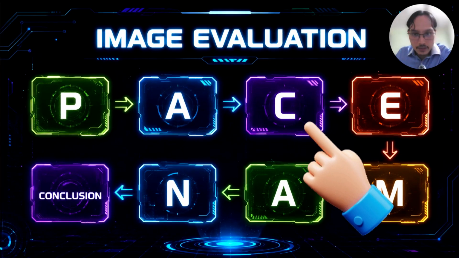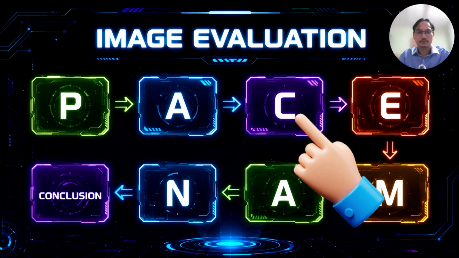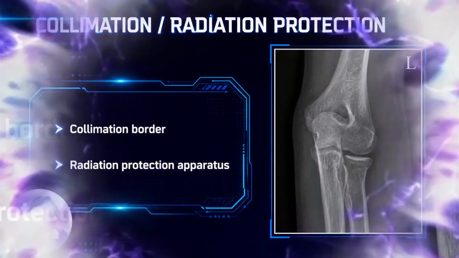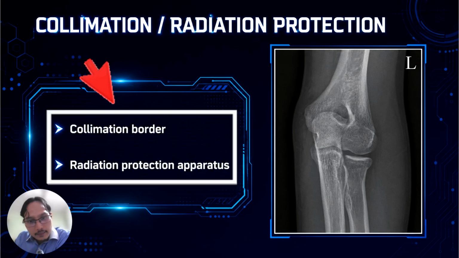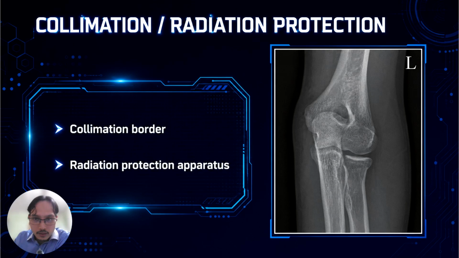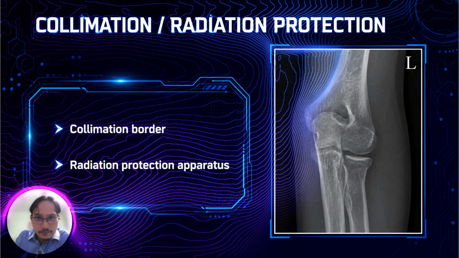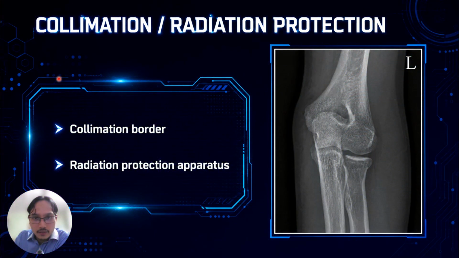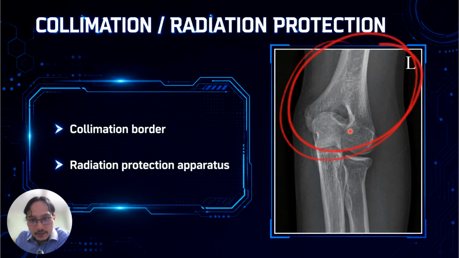Next is collimation. Proper collimation is important to minimize patient radiation exposure while ensuring all required anatomy is included. The standard structures that should be included in this radiograph at the superior border is 1/4 of the distal humeral.